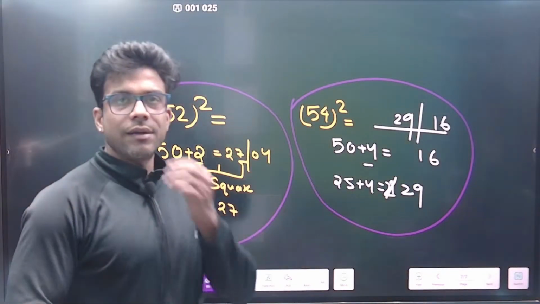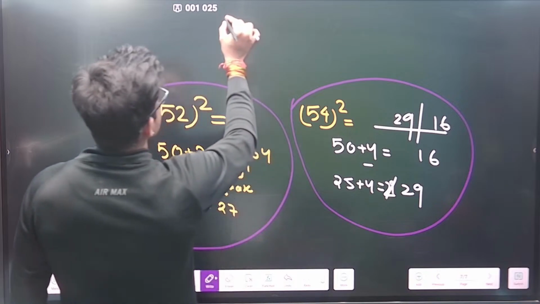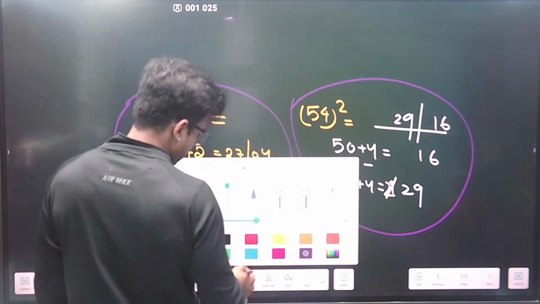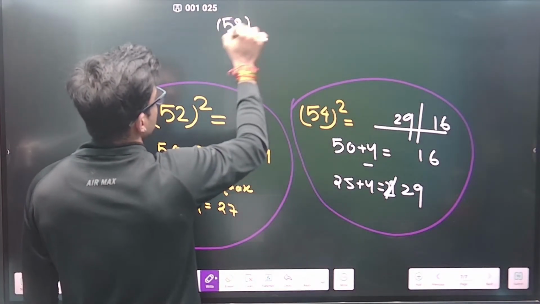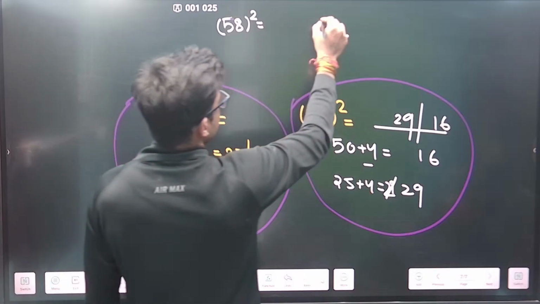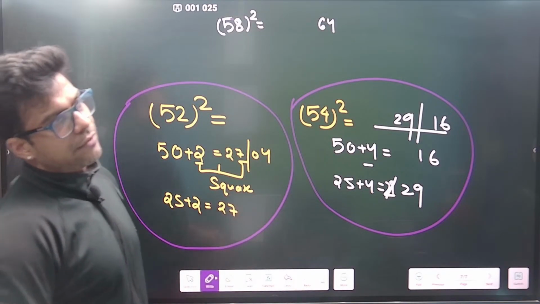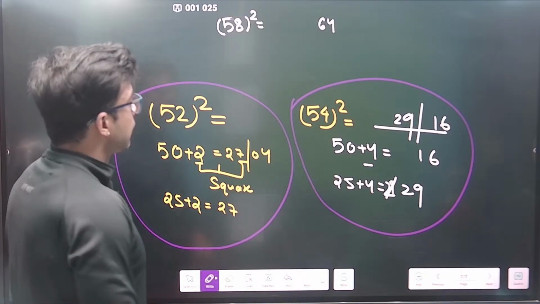Let's take one more example. 58 ka square. Can you figure it out? 50 plus 8 is 58. So 8 ka square is 64. 25 plus 8 is 33, no?